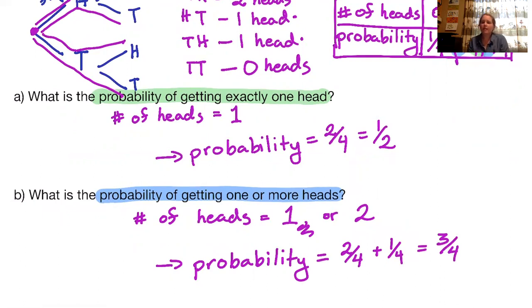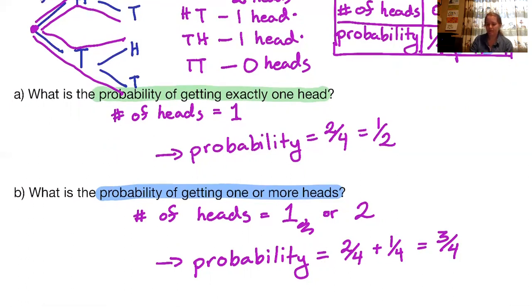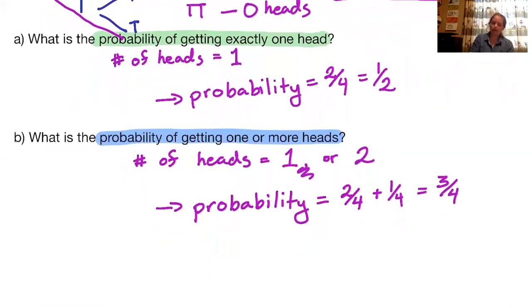So anytime we have an or with a probability distribution, we just list out all the possible ways that thing could happen and then add up their probabilities. So if we have an or, that corresponds to adding the probabilities.